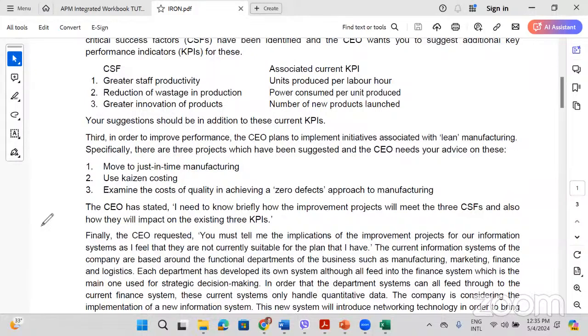Then quality cost. Greater staff productivity. Yeah, more spending on prevention will avoid, conformance will avoid non-conformance.